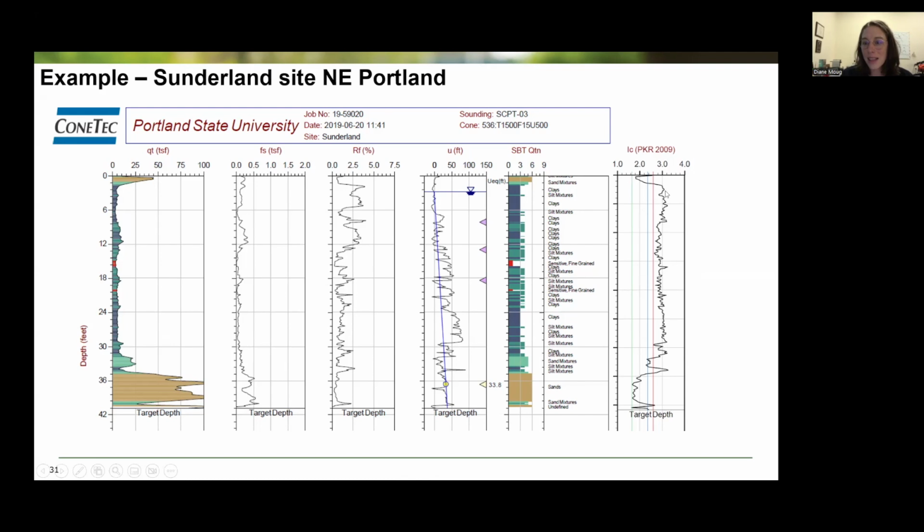We see that below about 3 feet, the I sub C value goes between about 3, down to about 2.8, 2.7, and back up to 3, relatively small changes, based on a lot of augering and sampling at the site. This is generally a fairly uniform silty clayey unit until about 35 or 36 feet, where the I sub C drops to about 1.6, 1.8, indicating that we're in a sand unit below 35 feet.